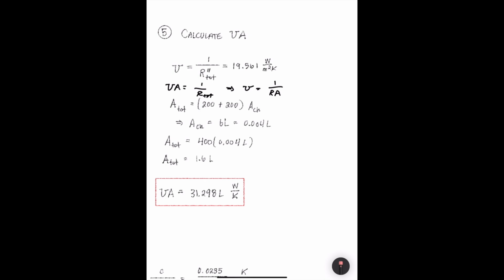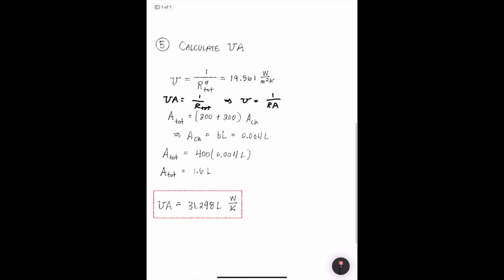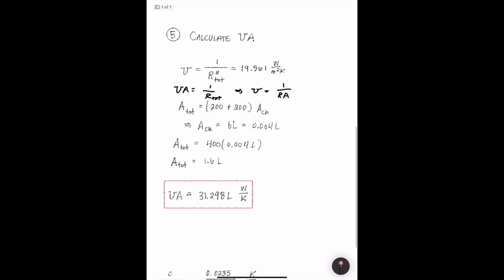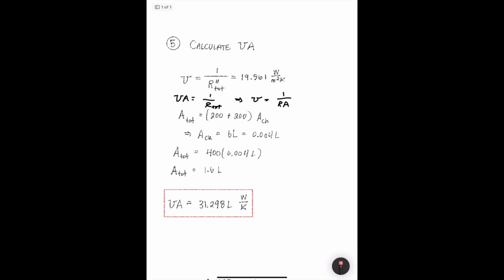And we know B times L is 0.004 times L, since B is 4 millimeters, and we have 400 channels, so that turns into 0.004 times L times 400, which gets us a total area of 1.6 L. If we multiply this into our U equation to find our UA value, we get a final UA value of 31.29 L watts per Kelvin.